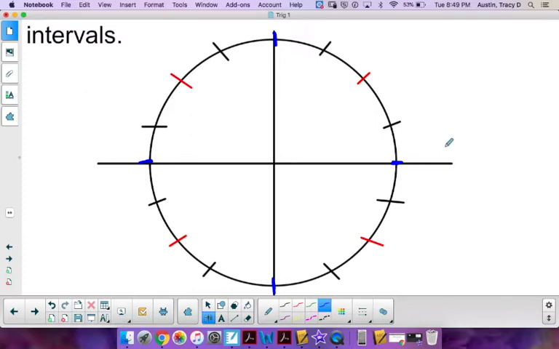This was 0 or 360, or 0 or 2 pi, depending on if you're in degrees or radians. And this was 90 degrees, or pi divided by 2. This was 180 or pi. This was 270, or 3 pi over 2 is how we write it, because it's 1.5 basically around the circle. And then all the way around the circle was 2 pi. Okay, so very specific measurements.